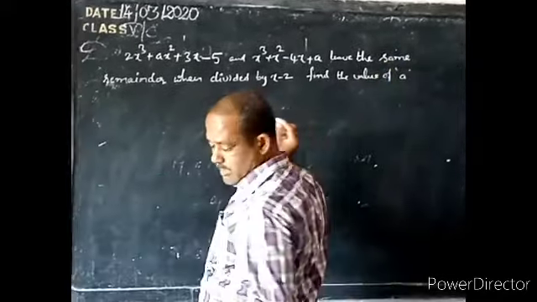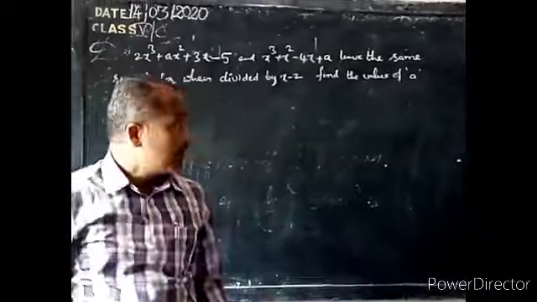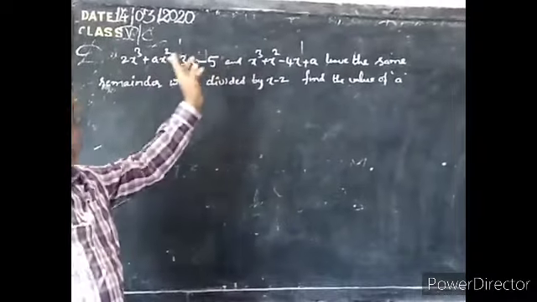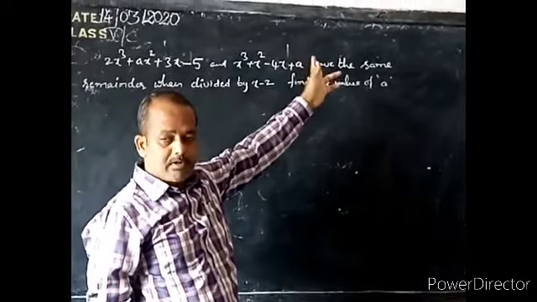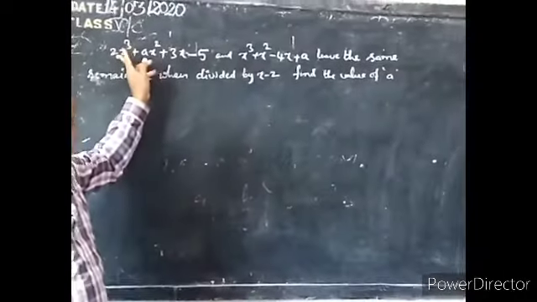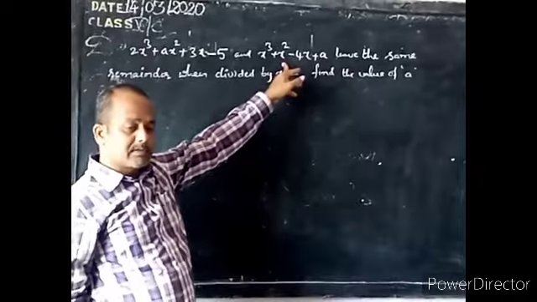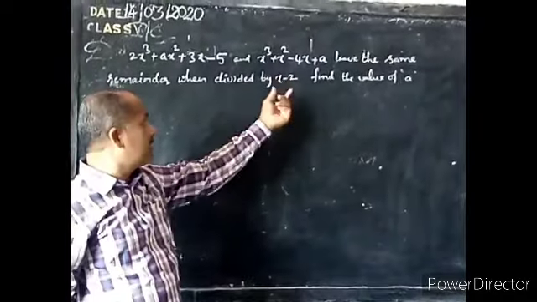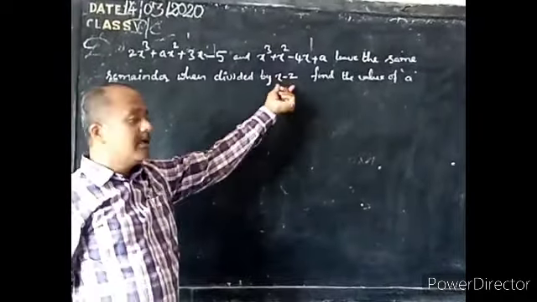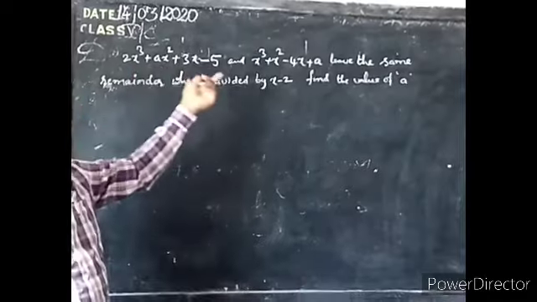By using the remainder theorem, given two polynomials, one is assumed as p of x and another one as q of x. When this p of x and q of x are divided by x minus 2, the remainders are equal.